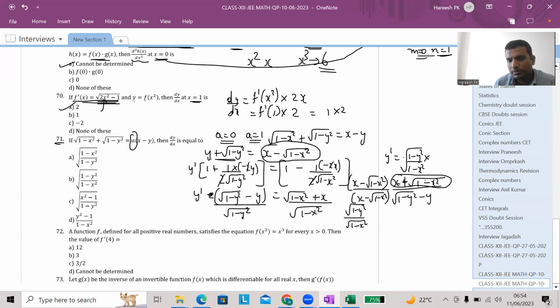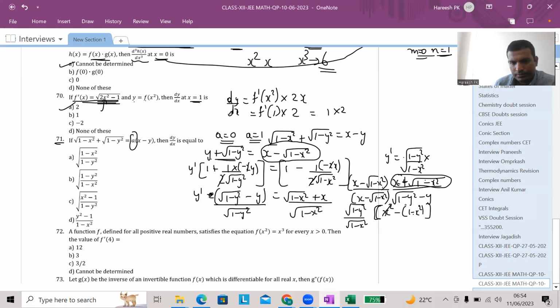And this is like a plus b into a minus b, which is a square minus b square. So you'll see x square will get cancelled, isn't it?